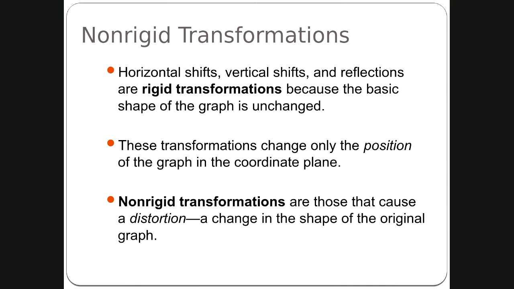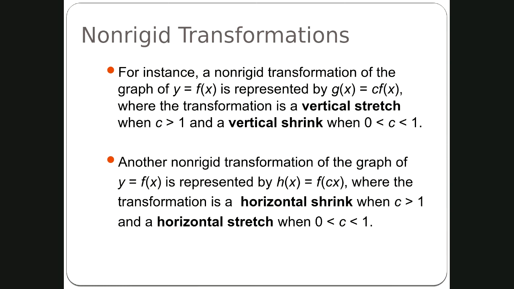Now we're going to see something called non-rigid transformation. Non-rigid means the initial shape of the graph is going to change. It's not just shifting it around, it's also making it bigger or smaller. For example, if I give you g of x is c times f of x, so I multiply my function with some constant c, we say if c is greater than 1, it's a vertical stretch.